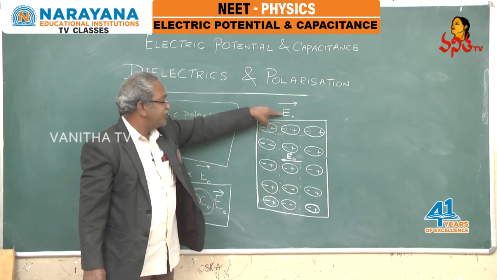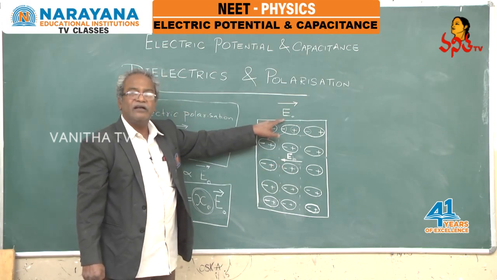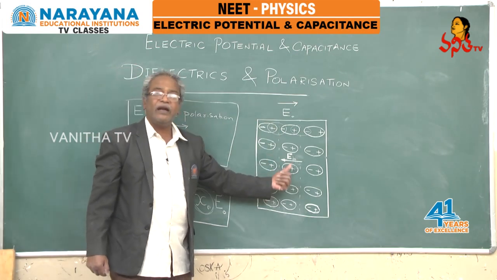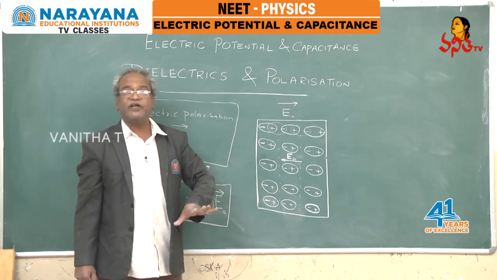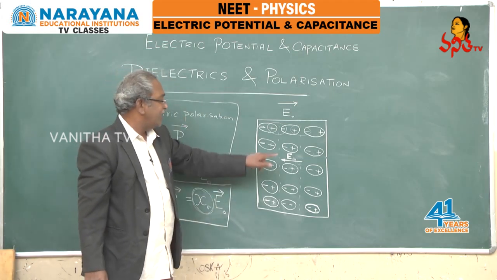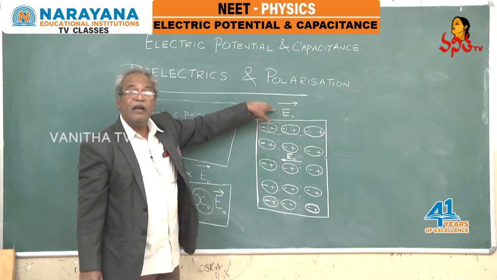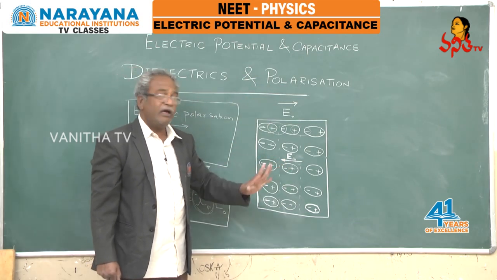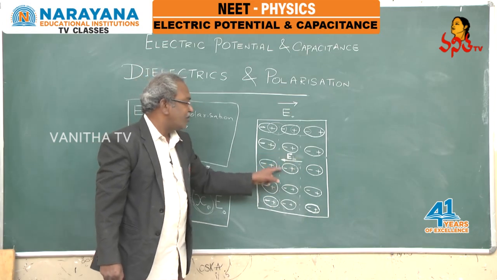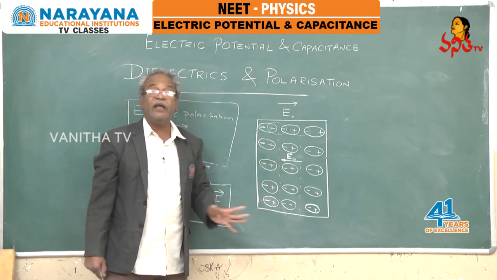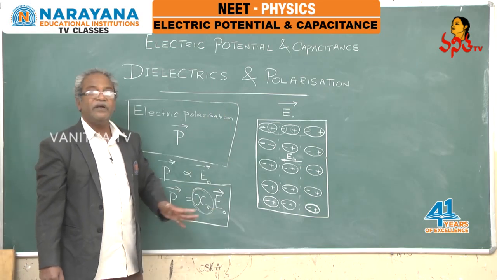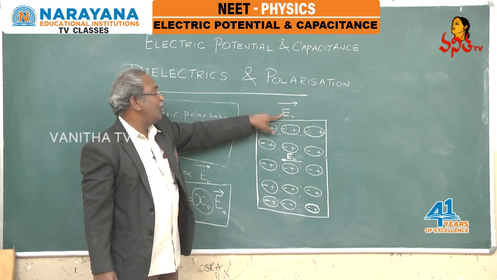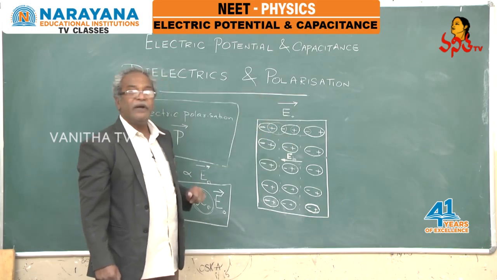This is opposite to the external electric intensity. But in a dielectric, this induced electric intensity will not be so large that it can cancel the external electric intensity. Therefore, the existence of this induced electric intensity in a dielectric is only to reduce the value of E naught inside the material.